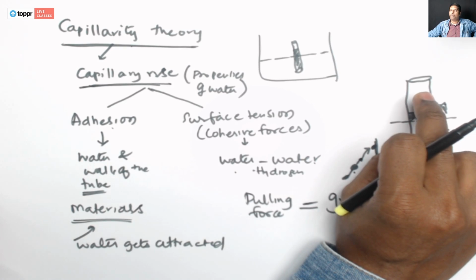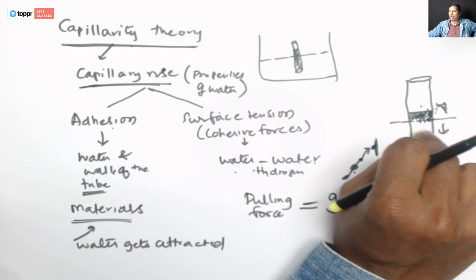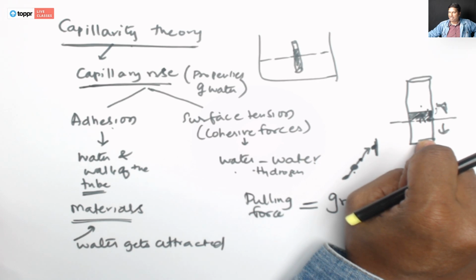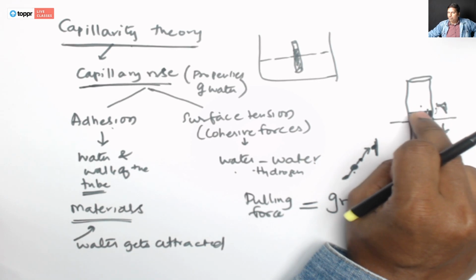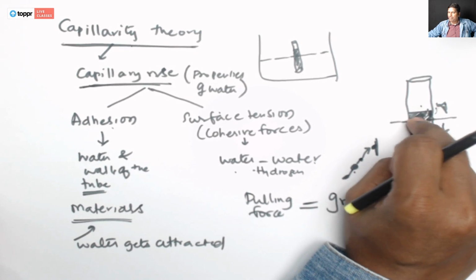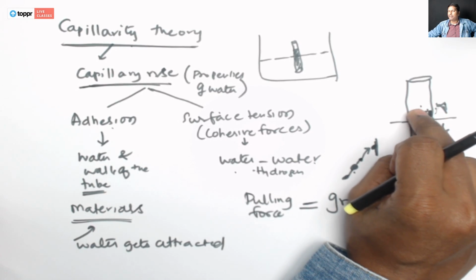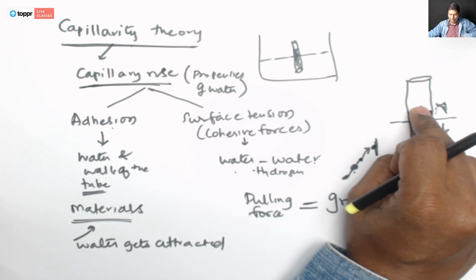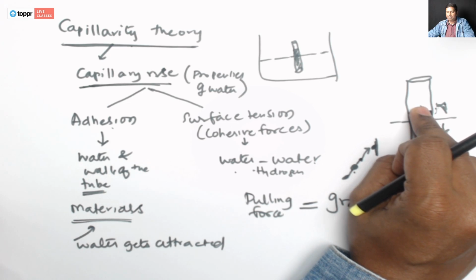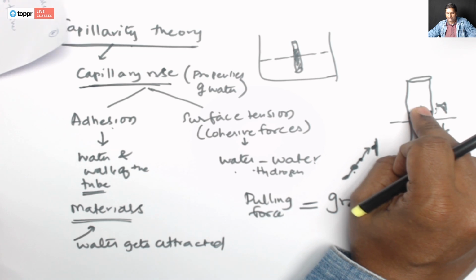The water will not move anymore because it is now being pulled down by gravity. So when these two opposing forces are balanced, that is when the water will stop, and till that point water will actually move up. This moving up of water is what we call the capillarity rise.